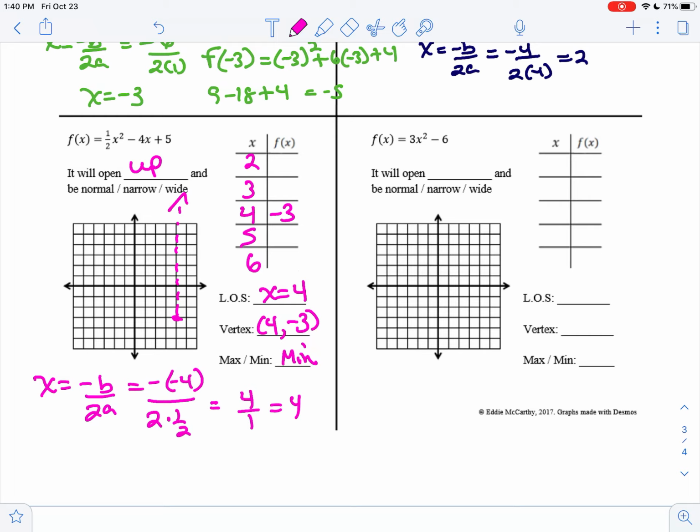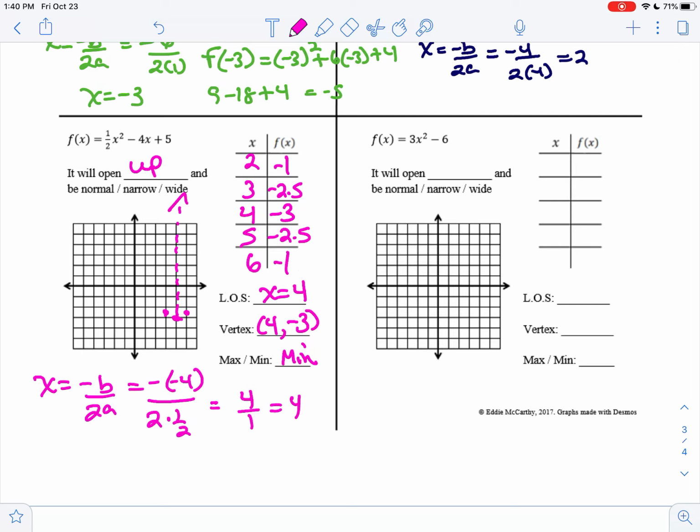Now I just need to plug in a few other numbers and I'll have it. So if I plug in 3, I get out -2.5, which means 5 will give me -2.5. If I put in 2, again, I'm just putting these into my calculator, I get out -1.